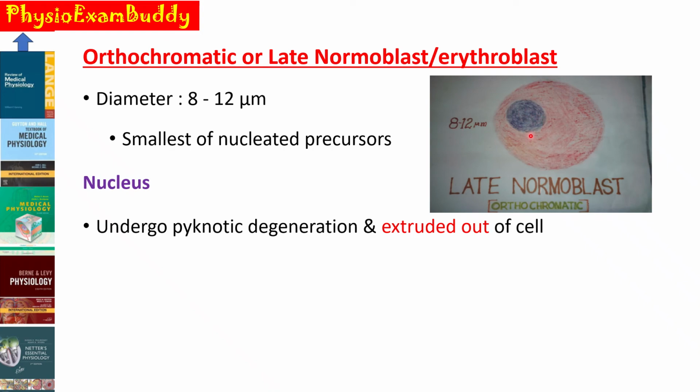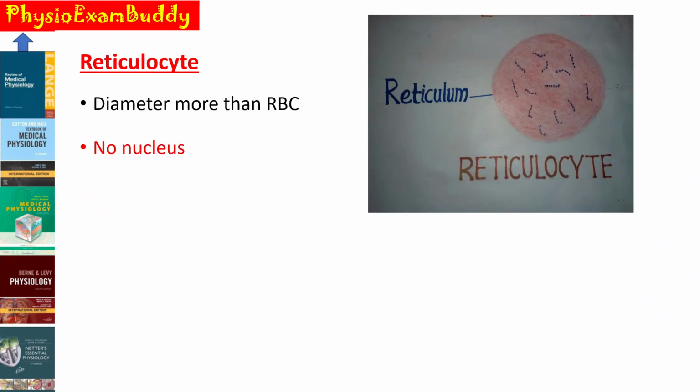So this one is the smallest of the nucleated precursors, and after this stage the nucleus will have disappeared. And the cytoplasm will be the same as that of the mature RBC, that is, using a red color pencil you have to shade the cytoplasm. And after this stage comes the reticulocyte stage.